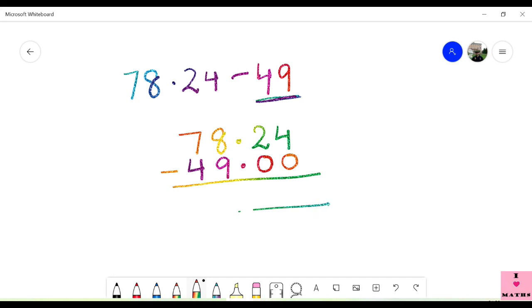Now 4 minus 0 is 4. 2 minus 0 is 2. 9 cannot be subtracted from 8, so we have to borrow. This becomes 6 and this becomes 18. 18 minus 9 is 9. 6 minus 4 is 2.